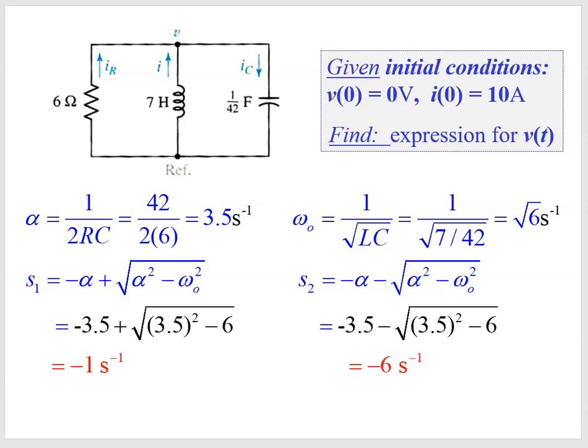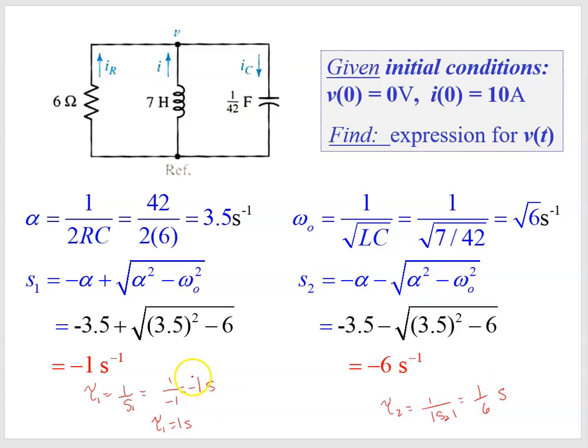So these are negative frequencies, which doesn't necessarily make sense. However, if we look at the time constant, then our tau1, 1 over s1, is going to be 1 over negative 1, or negative 1 second. So we look at the absolute value of that, and our tau1 is 1 second, and our tau2, the magnitude of 1 over s2, is 1/6 second.